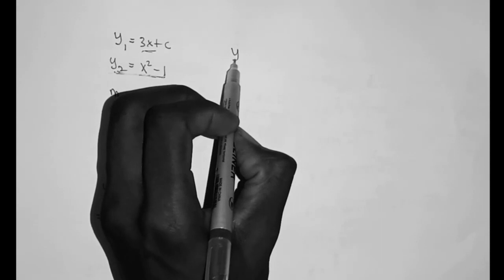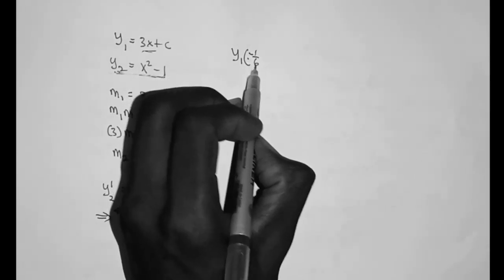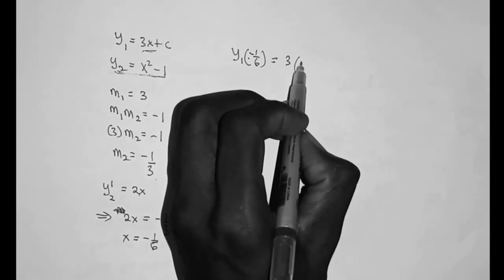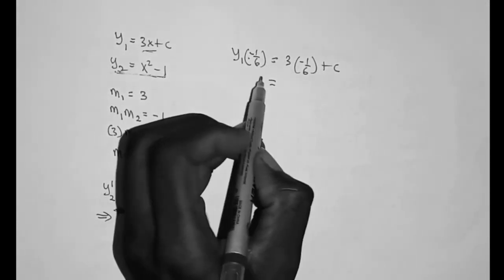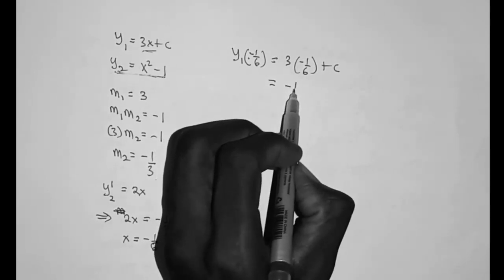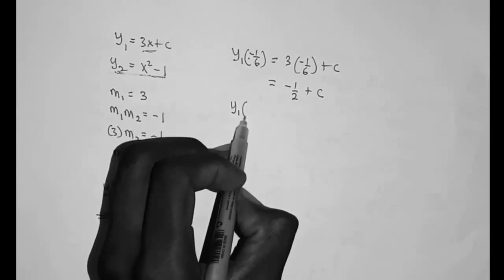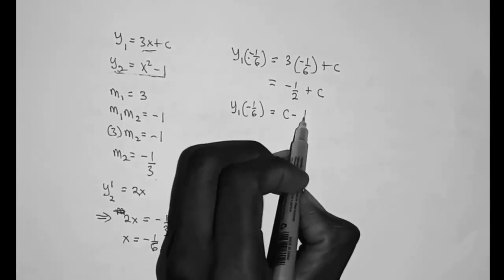So y1 of x, and x is minus 1 over 6, is equal to 3x, which is 3 times minus 1 over 6 plus c, and this is equal to minus 1 over 2 plus c. So y1 of minus 1 over 6 is equal to c minus 1 over 2.